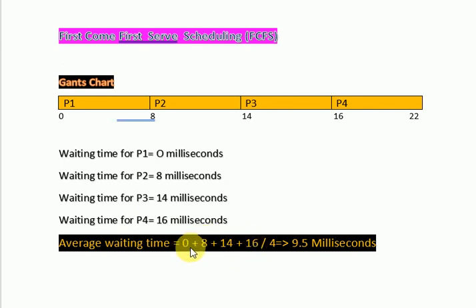These four processes are added together and divided by 4, because there are four processes. The answer is 9.5 milliseconds. Now the average waiting time for these processes is 9.5 milliseconds.